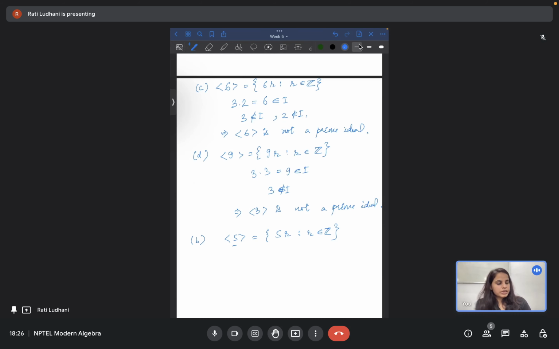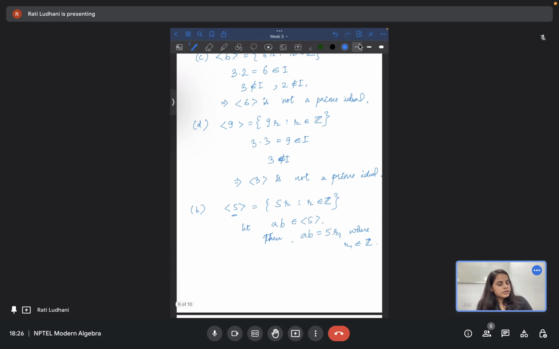Okay, so let's see if we can. Let AB belong to 5. Then AB should be a multiple of 5. Let's say this is 5R1, where R1 belongs to Z, where R1 is some integer.